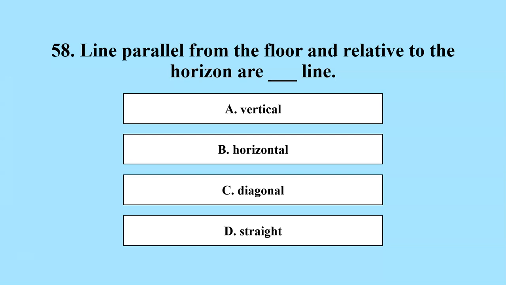Lines parallel from the floor and relative to the horizon are blank lines. Vertical, horizontal, diagonal, straight. If you chose B, horizontal, you are correct.